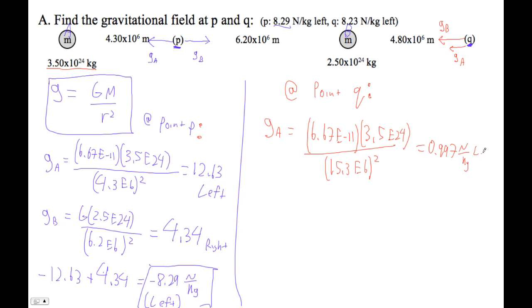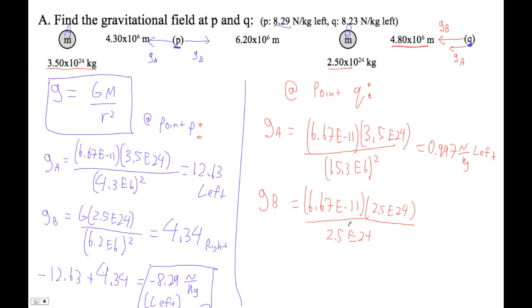And that is left. And then G of B is 6.67 E minus 11, and it's to the left because we're at point Q, and that mass is to our left, so it'll be toward that mass. And then B is 2.5 E24, and this distance is simply this one right here. Whoops, no, what am I doing? I have to divide by the distance.